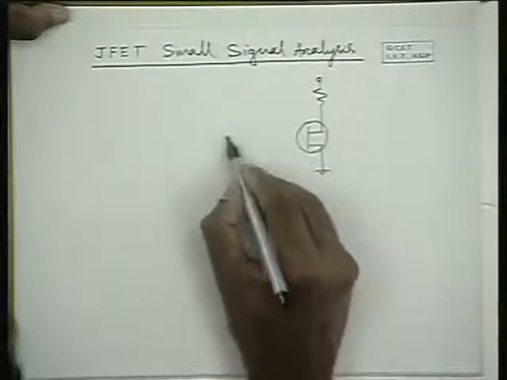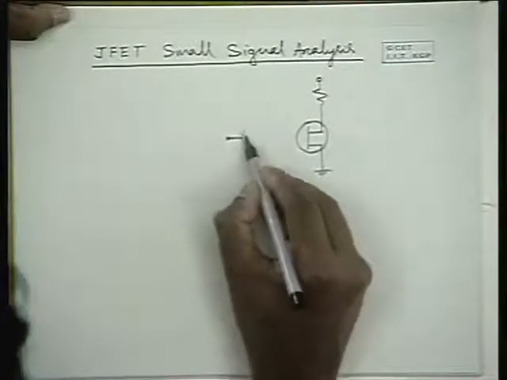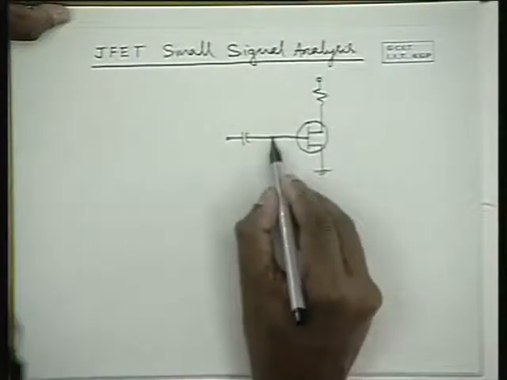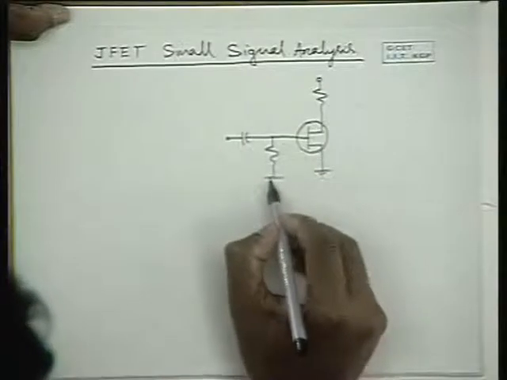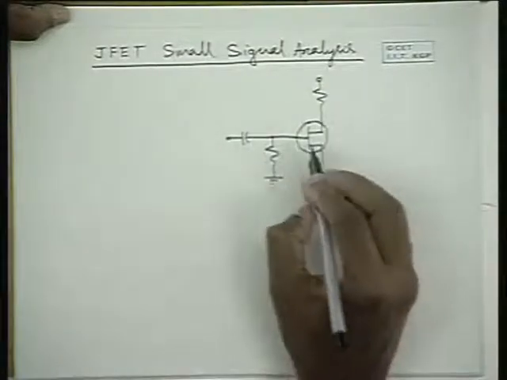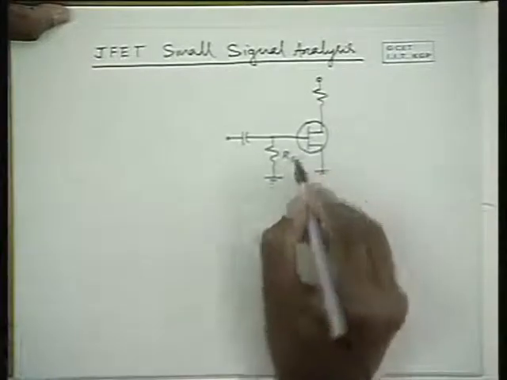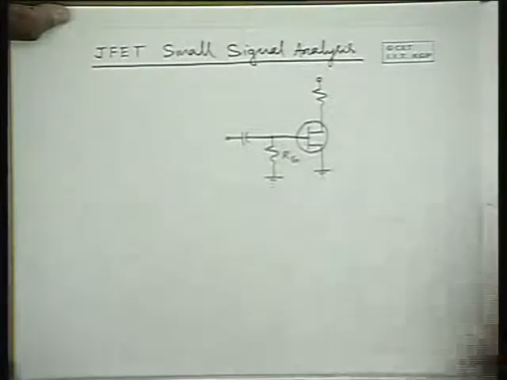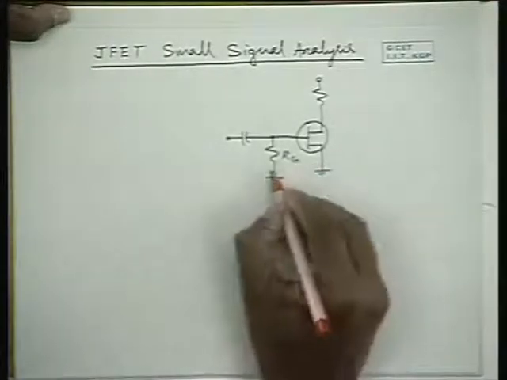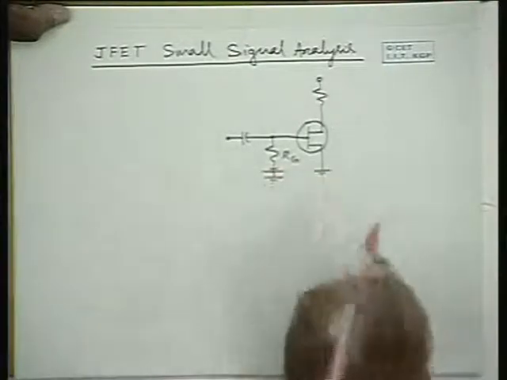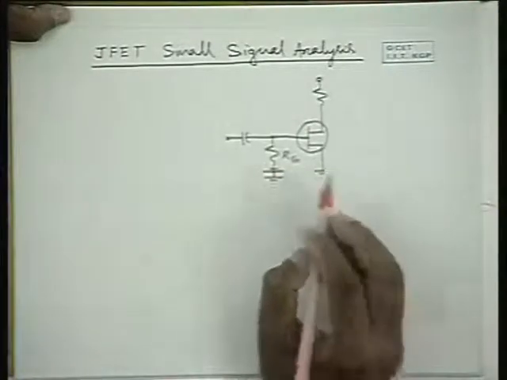wherein we apply the input signal through a coupling capacitor to the gate. Between the gate and the ground, we connect a resistance RG, and there is a supply here for biasing the gate with respect to the source at some negative potential.